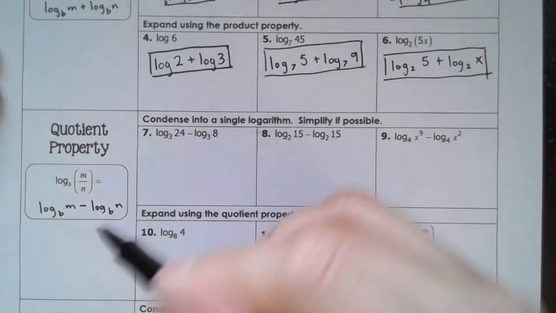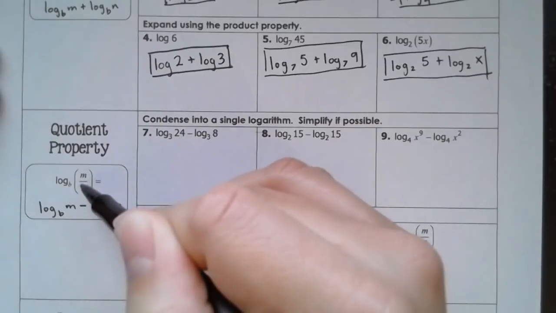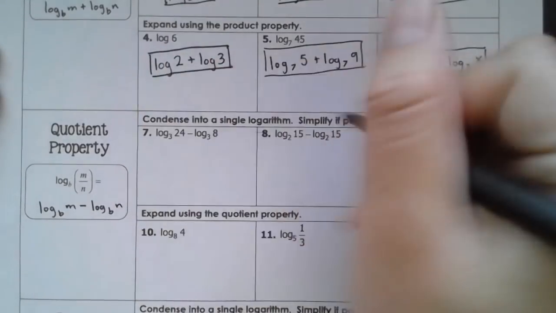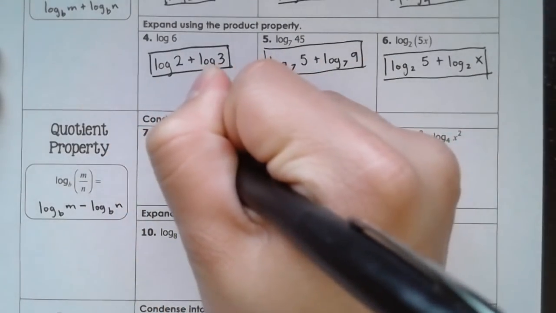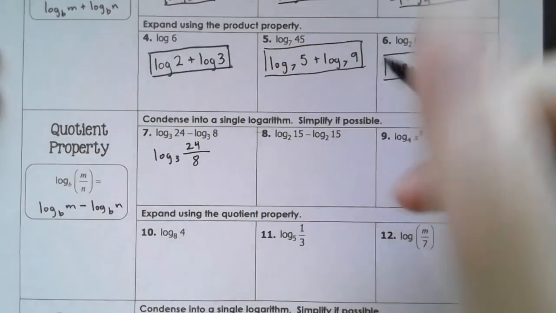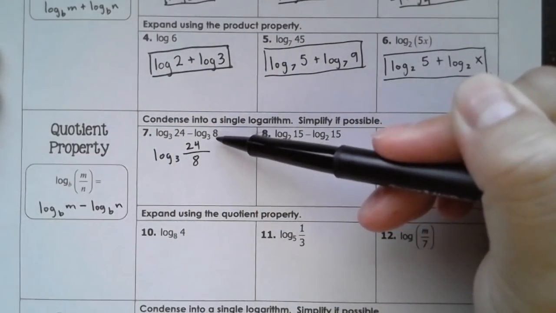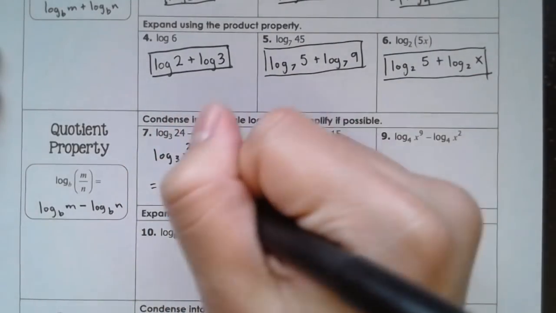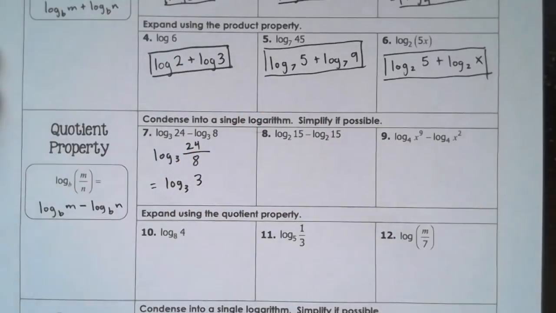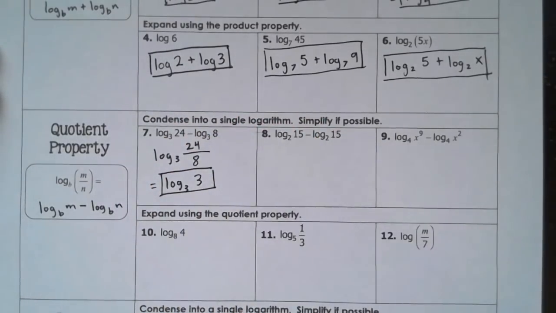Okay, so I'm given this form here, and I have to rewrite it to the top form. So I have log base 3 of 24 over 8. So m is 24, n is 8, and then I can simplify that now as log base 3 of 3, and I'm done. 24 over 8 is 3.